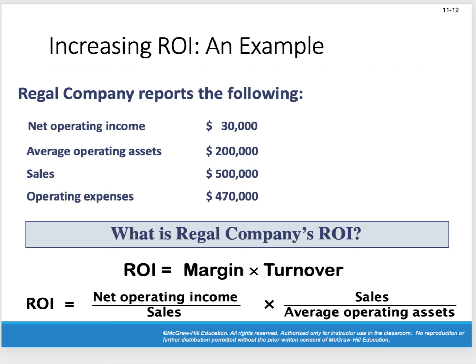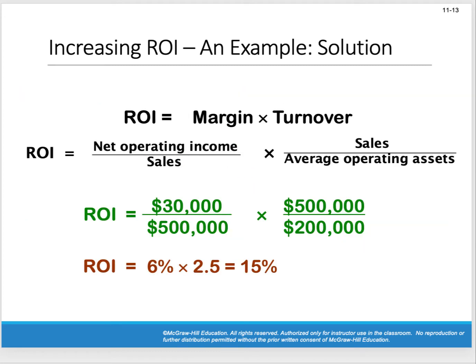So calculating ROI that way, we take our margin, which is net operating income divided by sales, multiplied by the turnover, which in formula form is sales divided by average operating assets. If we look at ROI from this perspective, we could see that our ROI is 15%. Again, we're taking our margin times the turnover.